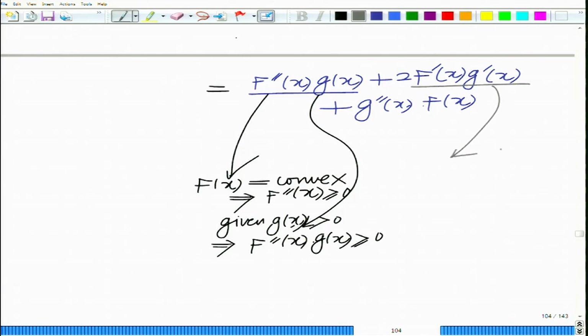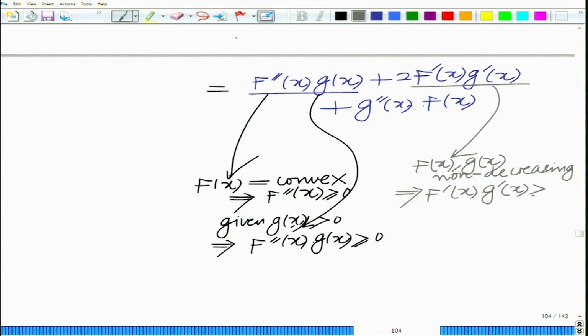Now, f of x and g of x are non-decreasing. This implies f prime of x, g prime of x greater than or equal to 0. This implies the product is also non-negative, since both of them are non-negative.